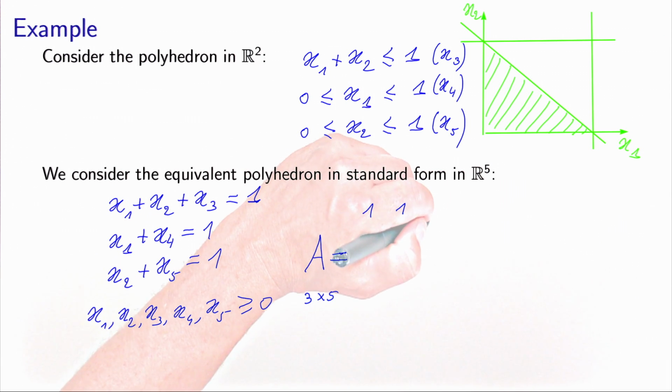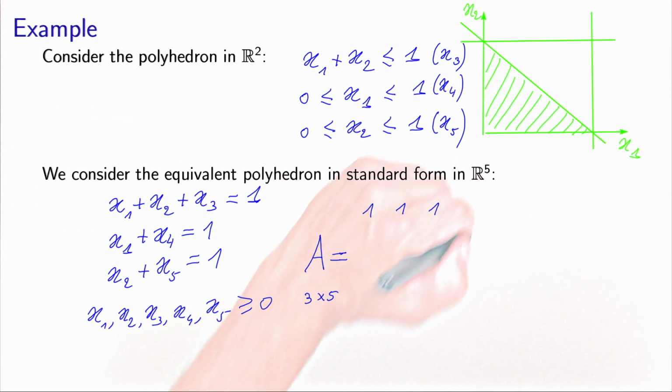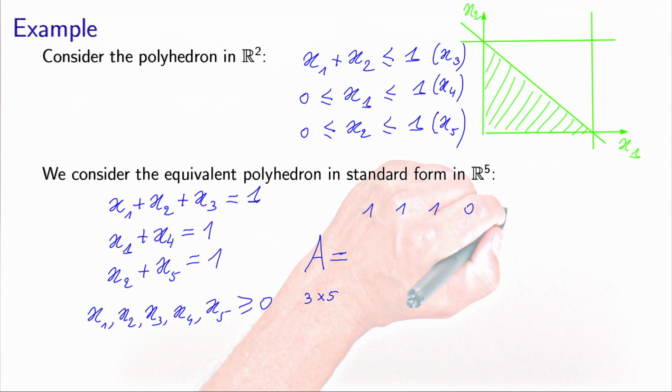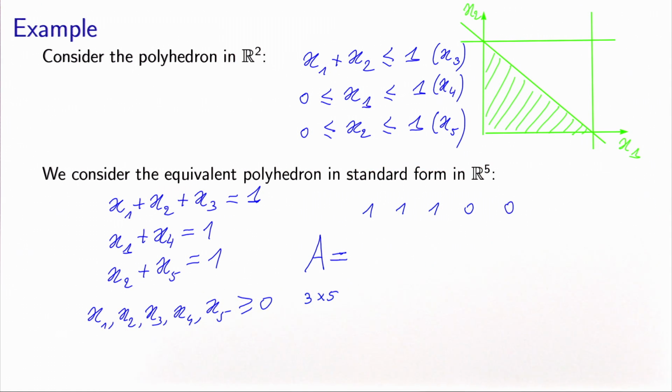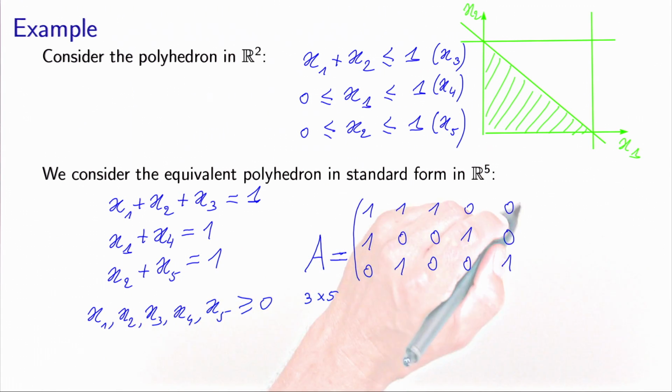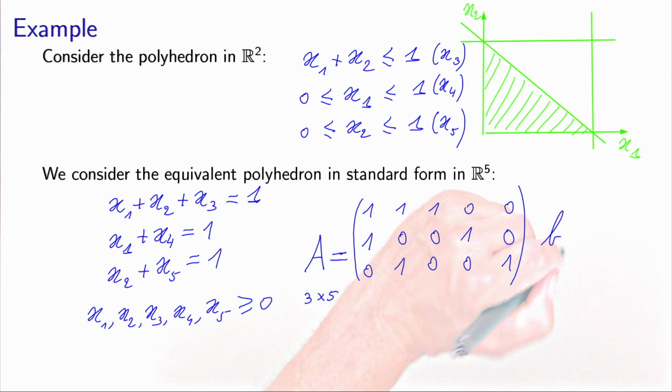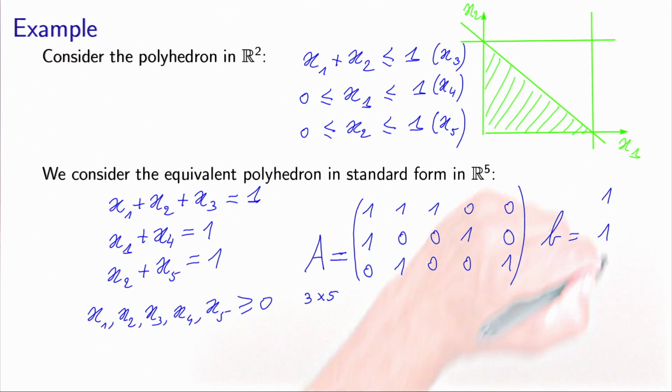For x3, the coefficient is 1. x4, it's 0. x5, it's 0. The second constraint: x1, 1. x2, 0. x3, 0. x4, 1. And x5, 0. And finally, the last constraint, we have 0, 1, 0, 0, 1. And the vector b is equal to 1, 1, 1.